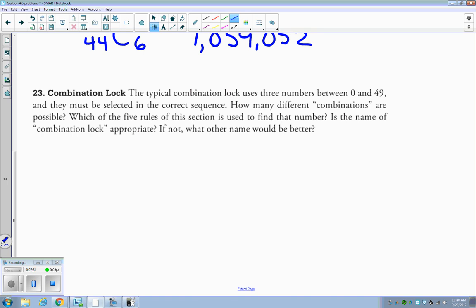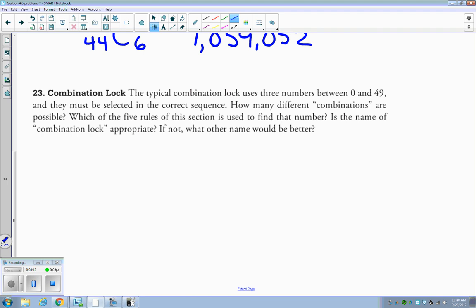So think about those lockers with the round knob that are a combination lock. If the combination was 49, 29, 2, you can't do 2, 29, 49. It won't open, right? So that combination has to be in a specific order, okay?